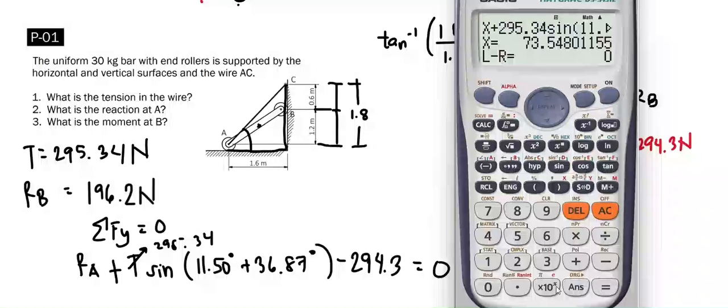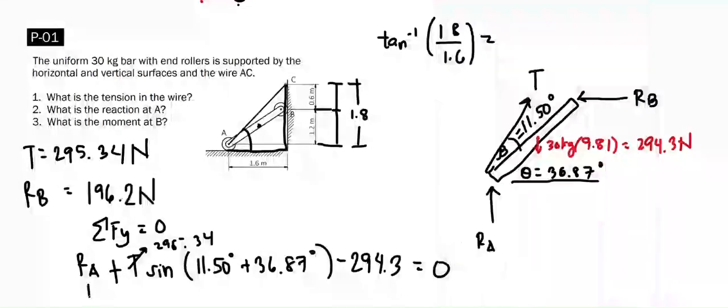Solving, we get the reaction at A equal to 73.55 newtons. So we have our final answer for number 1, that is 295.34, and for number 2, that is 73.55, and for number 3, the moment at B.